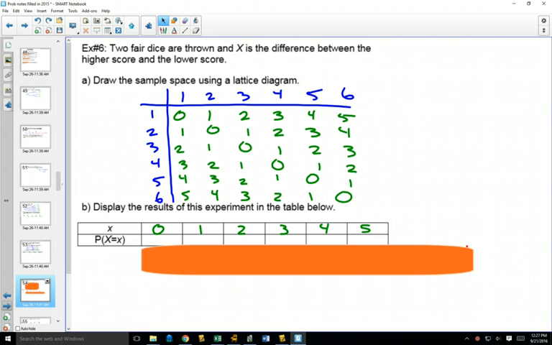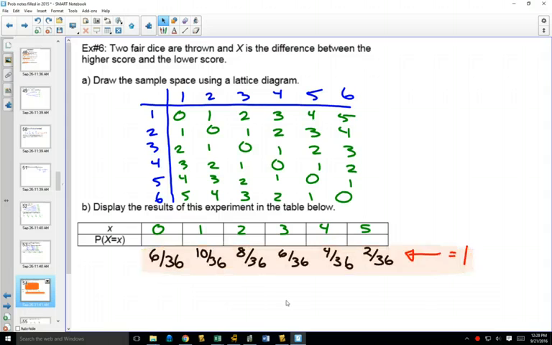X is listed here as the difference between the higher and the lower score. So these are our possibilities that we could get. And then from our probability distribution, we'll be able to see which is most likely.